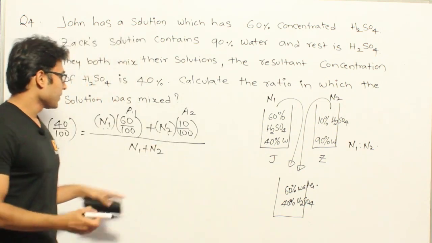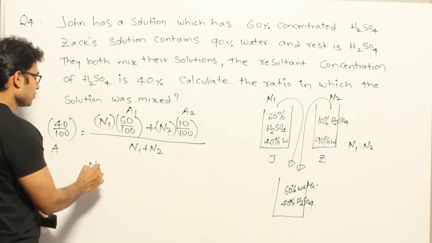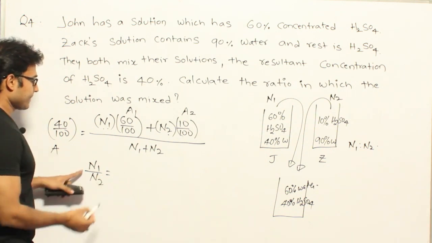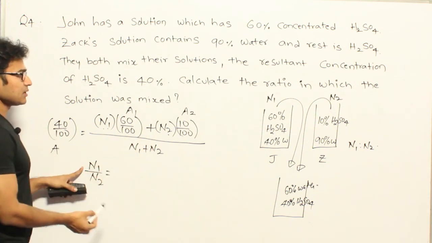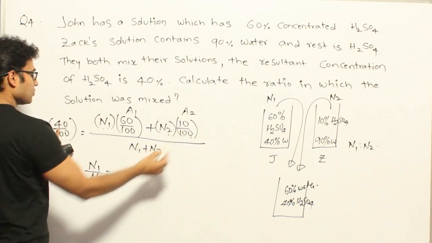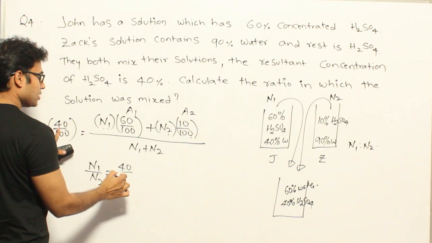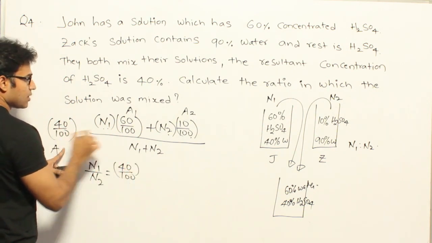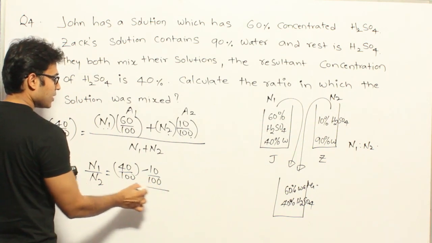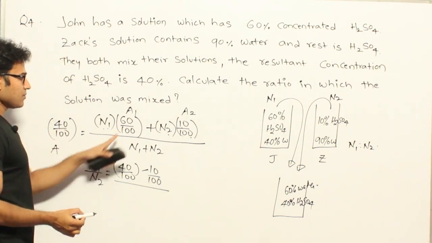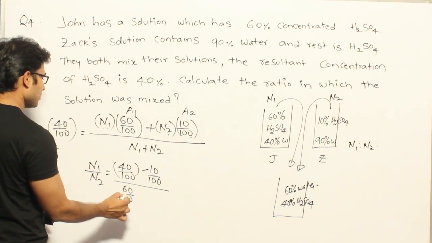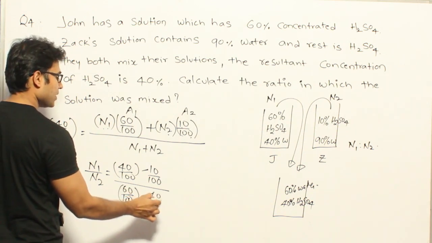If it is in this form, then you can say that N1 by N2 equals A minus A2 divided by A1 minus A, which is nothing but 40 by 100 minus A2 over A1 minus A, so 60 by 100 minus 40 by 100.